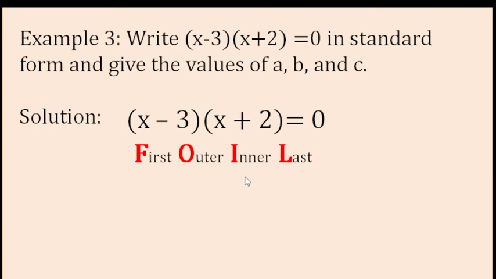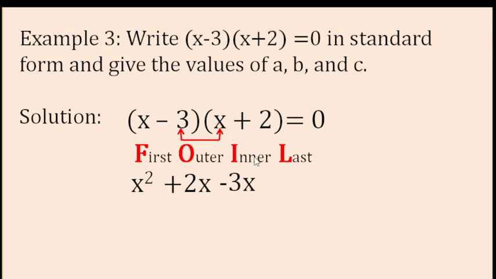Now let's start. x and x are the first terms: the first term of the first binomial and the first term of the second binomial. x times x is x squared. Then next is outer, x and 2, that gives us 2x. Then inner terms, negative 3 and x, that's negative 3x.